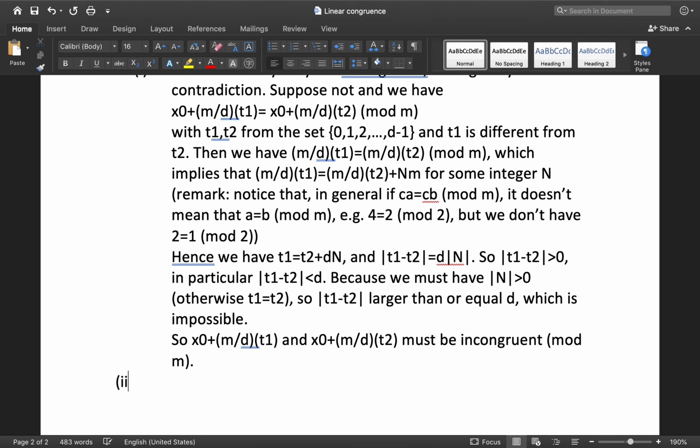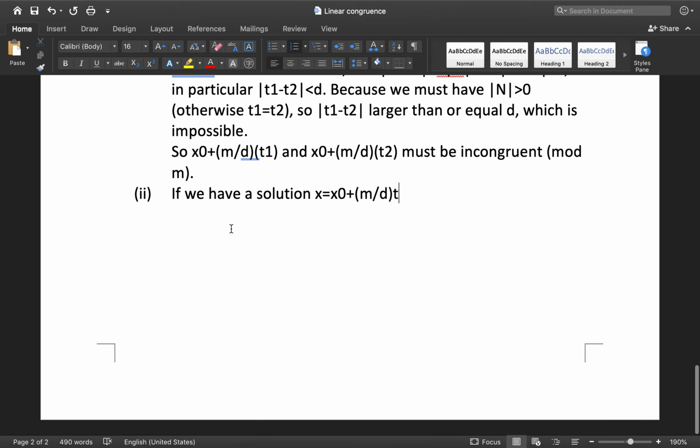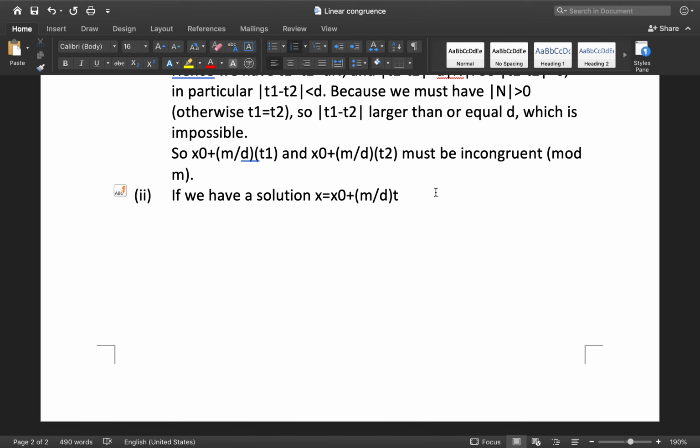The second part is if we have a solution, for example, x equal to x0 plus this, because we know the solution must be in this form, but we just don't know whether that is congruent to some of those members when you're choosing t from that set. So that is the second thing you need to show. We have another solution for some integer t.